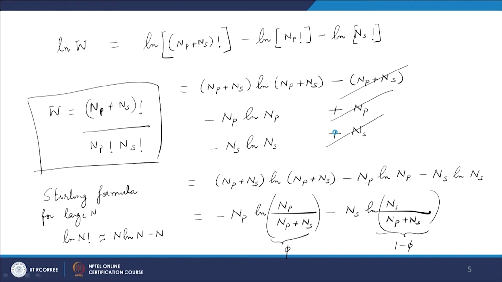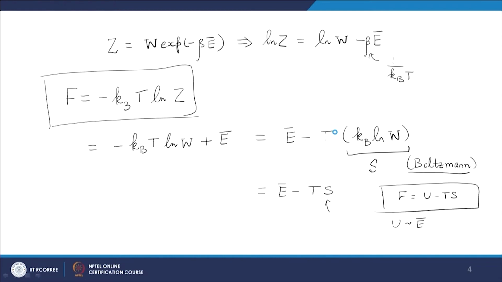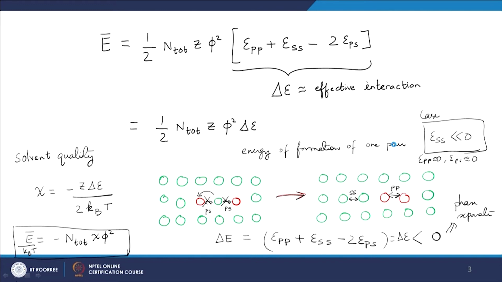Now I will go back here and put the expression of ln W here. So, it is E bar minus kBT ln W, and E bar we have already obtained right here, minus N tot chi phi squared multiplied by kBT.